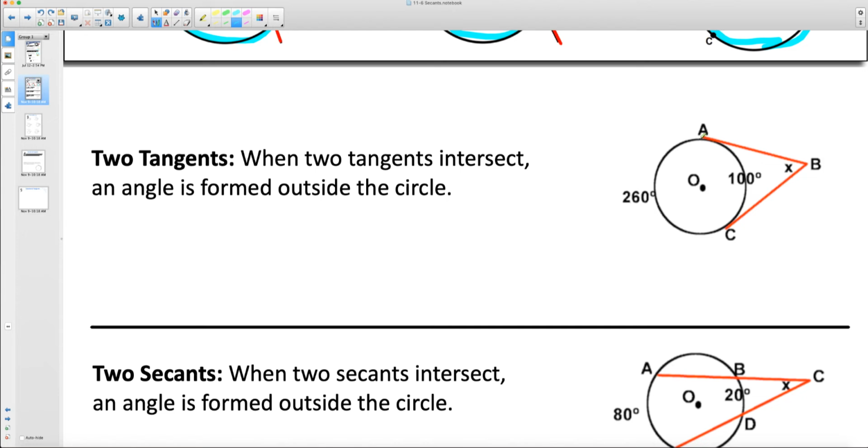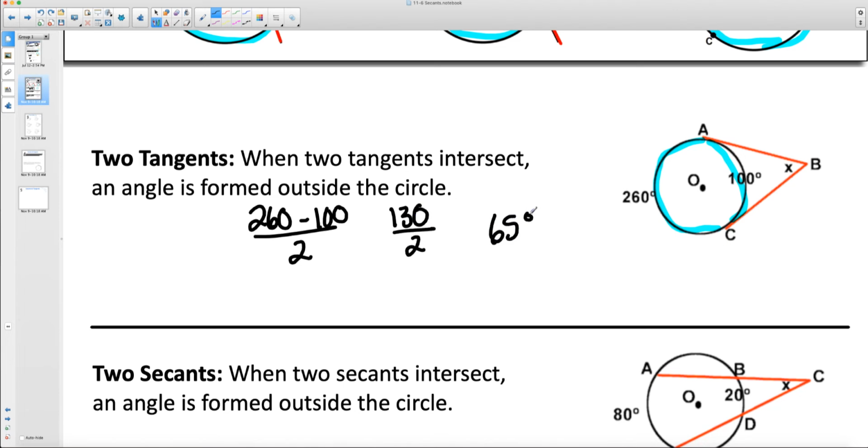So we have 2 tangents outside the circle, arc minus arc divided by 2. So it's arc 260 minus 100 divided by 2. So that's 160 divided by 2, so that's going to be an angle of 80 degrees.